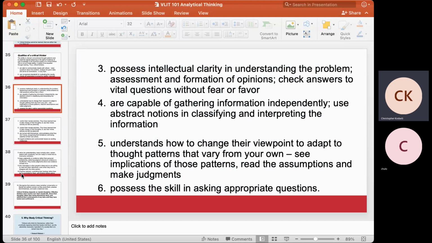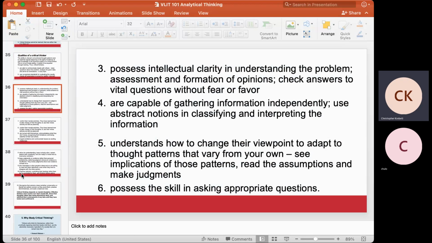Critical thinkers also understand how to change their viewpoint to adapt to thought patterns that vary from their own. So as a critical thinker, you can hold a viewpoint for a long time. Then you will realize that somebody has a certain pattern, or other persons have other patterns that are better, that are more correct than yours.